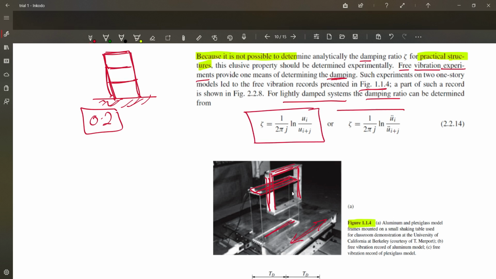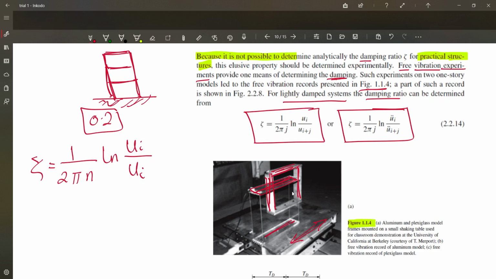The damping ratio equals 1 over 2 pi J, here written as J, but it is actually N, the number of cycles that we are interested in, times ln of ui, which is the amplitude at the beginning, over ui plus n, which is after n cycles. This is for the displacement.